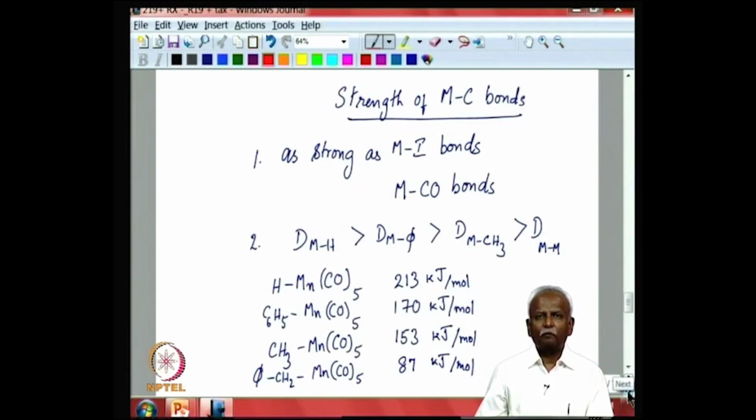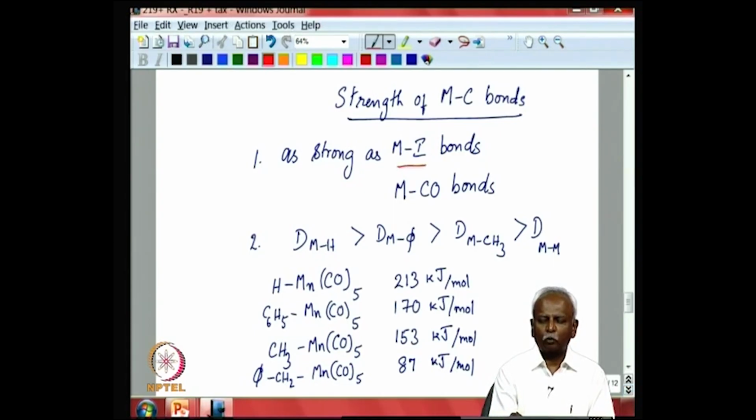So, we have looked at a variety of preparative methods for the metal carbon bonds. Most of them are the main group compounds that we have considered, and many times it is convenient to make a main group organometallic or metal carbon containing species and then transfer it to a transition metal. In general, it is known that the metal carbon bond is as strong as an M-I bond.